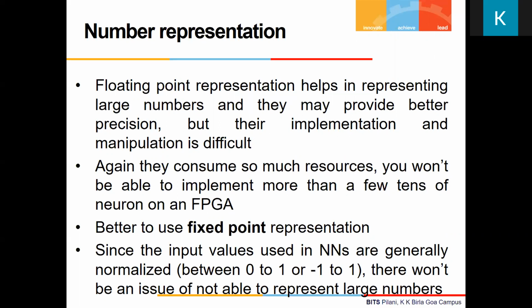You will have to instantiate some specific IP cores, like the Cordic IP core, to implement this floating point operation, which is very resource intensive. So what we will do, we'll not go with floating point representation. We will go with fixed point representation, which may give less precision, but the circuit complexity is greatly reduced if I go with fixed point.